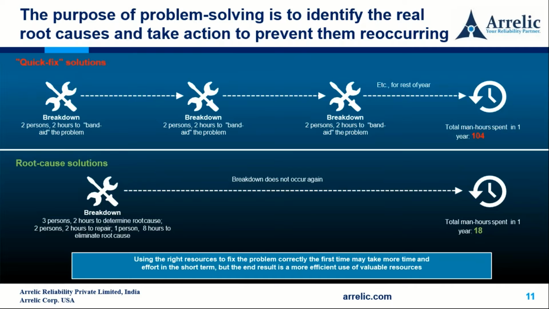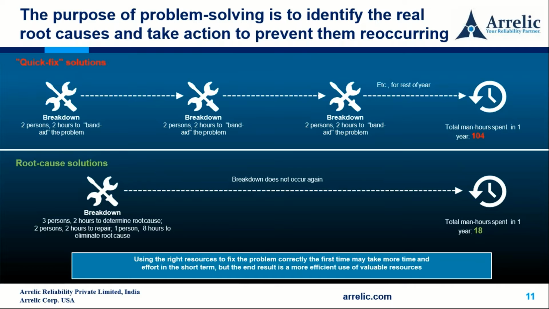And so the total man hours spent at the beginning of the problem, which is 18 hours, is much higher than the usual 4 hours per the quick fix solution.